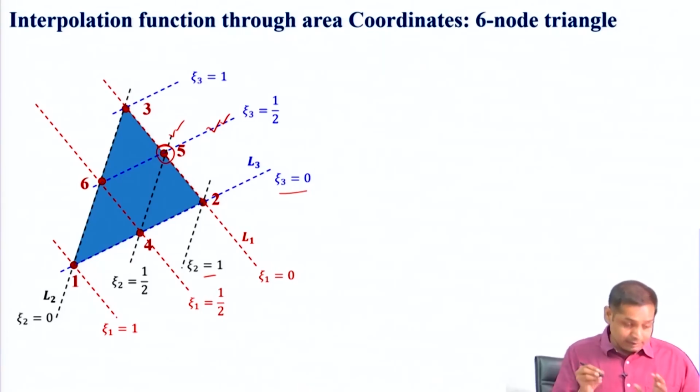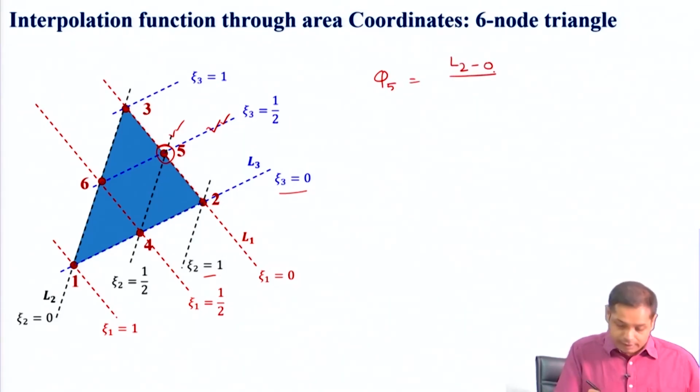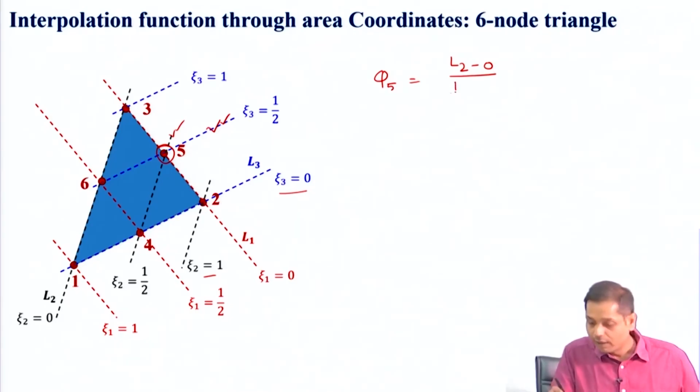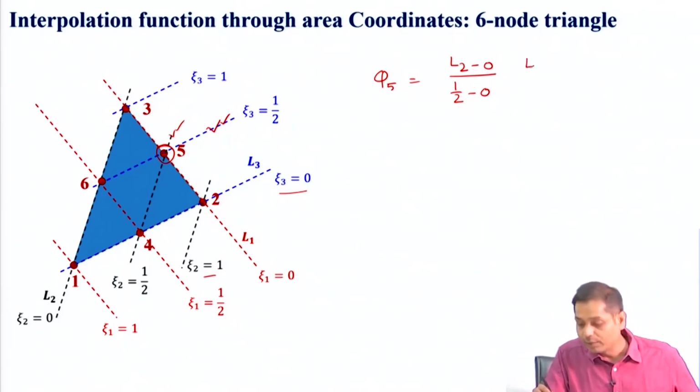So phi 5 will be L2 minus 0 over half minus 0, and similarly the contribution from the other coordinate is L3 minus 0 over half minus 0. So phi 5 will be 4 L2 L3.